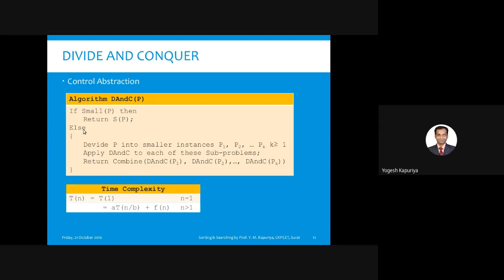Otherwise, you will divide P into smaller instances, P1, P2, up to Pk. You will apply the same algorithm on each of these, so you call DNC for P1, DNC for P2, DNC for P3, like this.